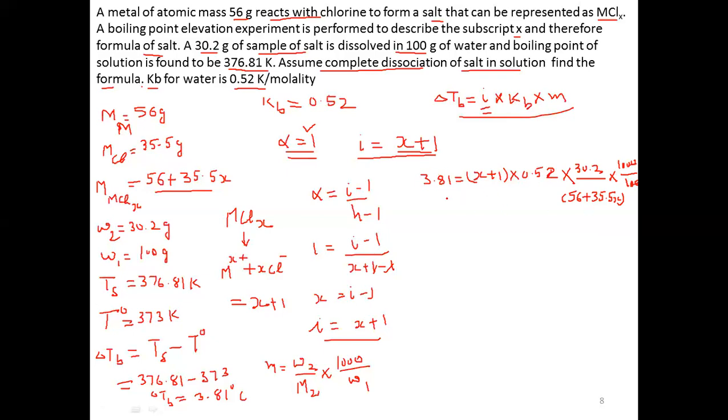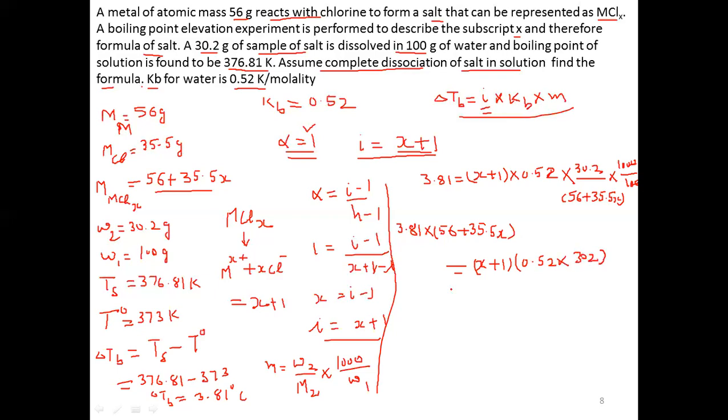Now let us take it to here, so I will write: 3.81 into (56 plus 35.5x) is equal to (x plus 1) into 0.52 into 30.2 into 10, so we can say 0.52 into 302.